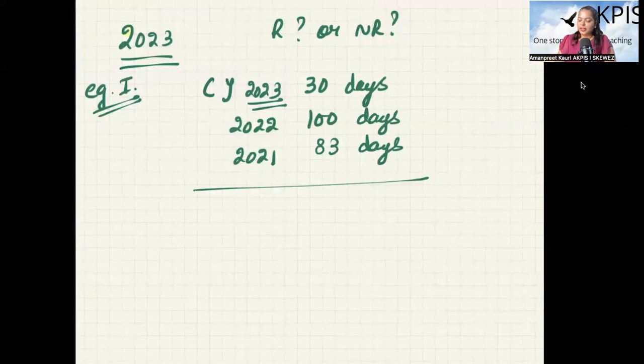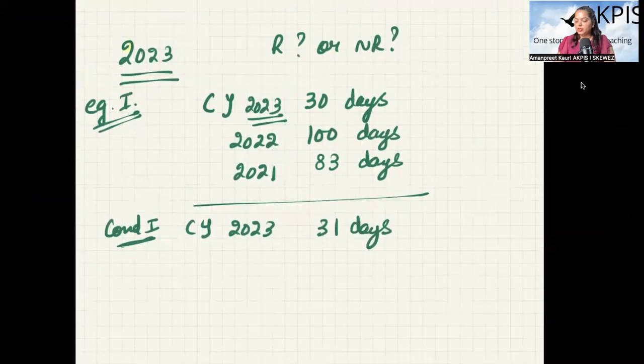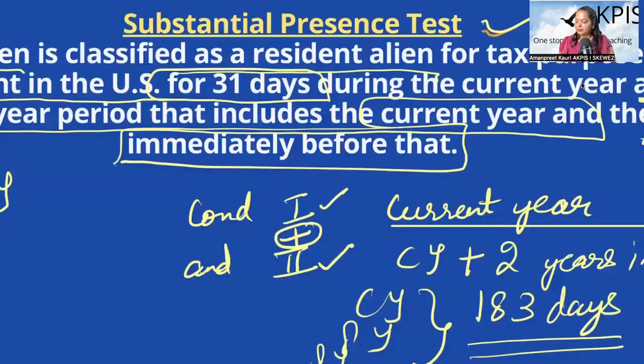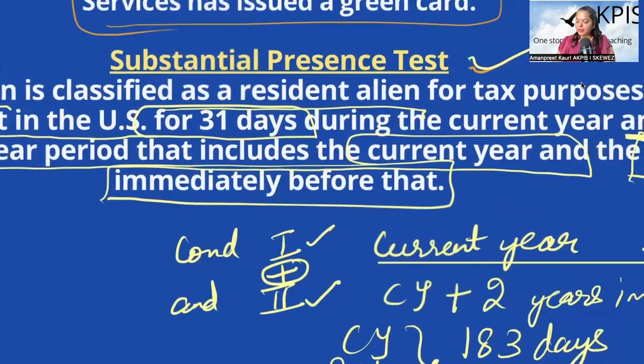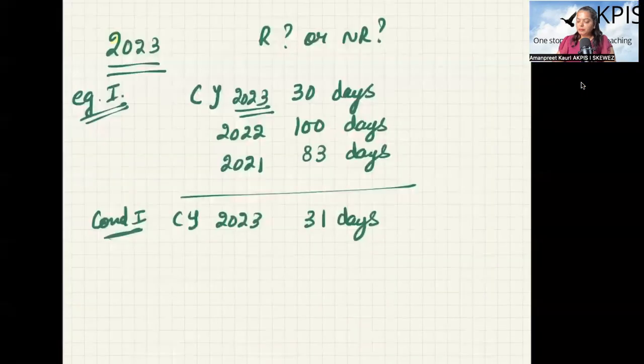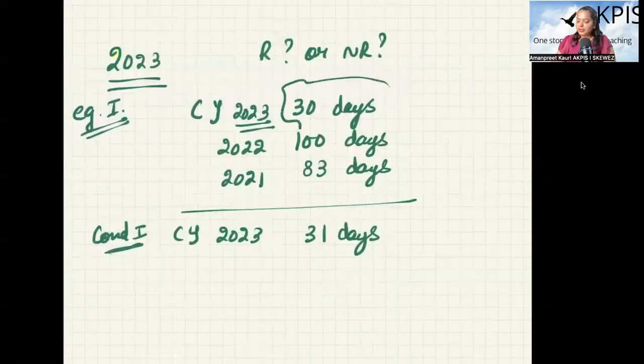See, condition number one was to see whether in the current year, that is 2023 in the given case, the person is there for at least 31 days or not, right? This is the condition. We discussed it here. Let me show you that also, 31 days, right? So is this condition satisfied?